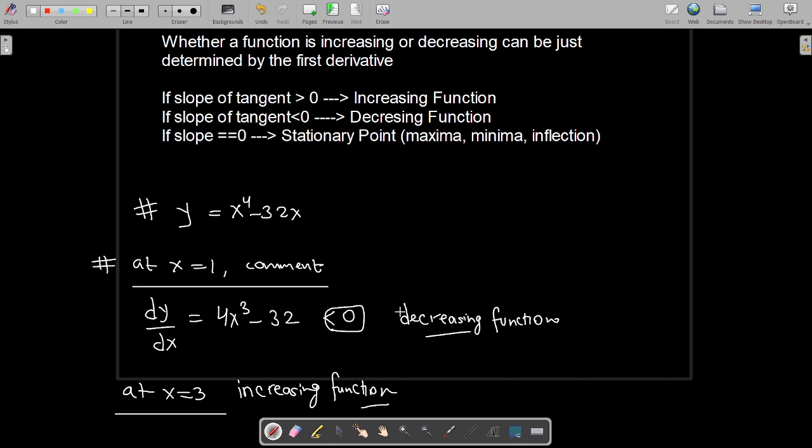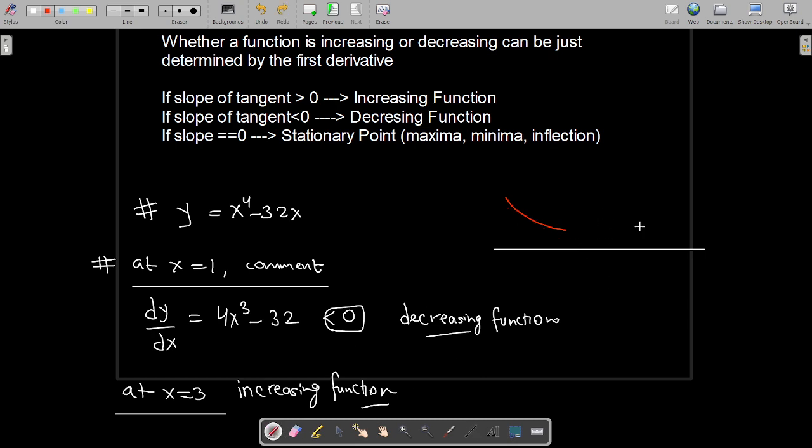So if it's a decreasing function, the function might look like this, right? Yes, this is decreasing, because if there was a tangent over here, the tangent is making an obtuse angle, and an obtuse angle is negative slope.